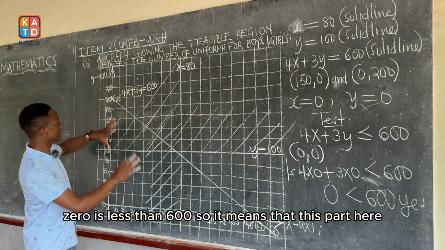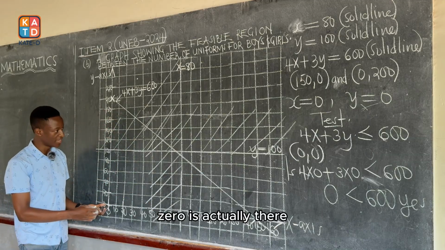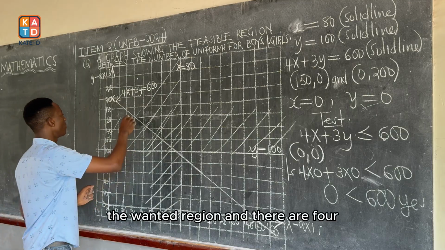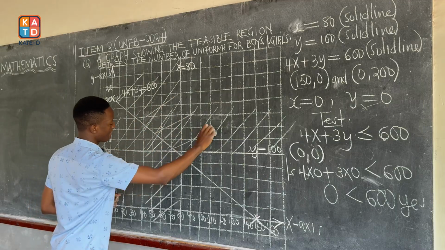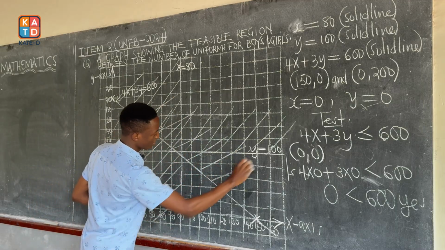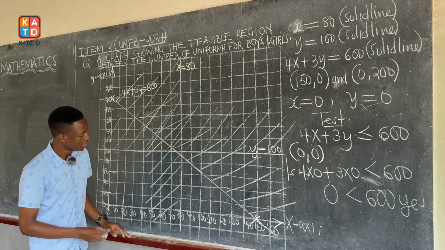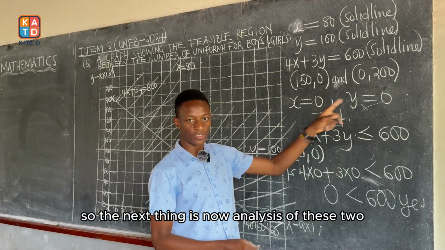So it means that this part here, where we have chosen the coordinate (0, 0), is actually the wanted region, and therefore this side becomes the unwanted region, like that.